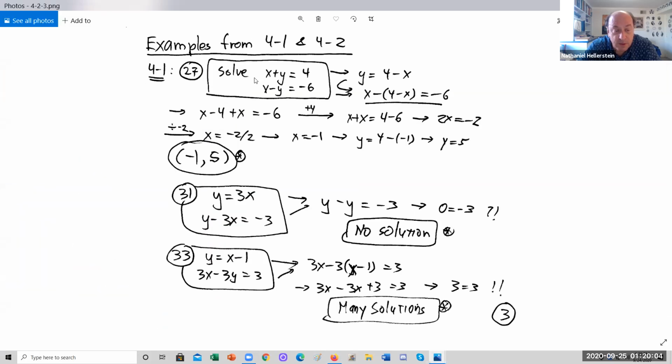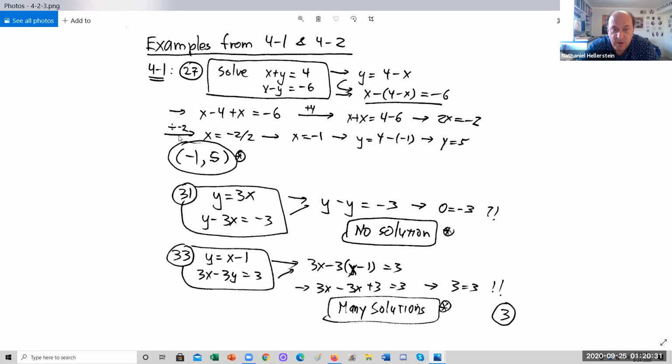So, here are some examples. x plus y equals 4, x minus y is negative 6. So from this one, y equals 4 minus x. Substitute into here, x minus (4 minus x) is negative 6. Distribute the negative sign, x minus 4 plus x is negative 6. Add 4 to both sides, so transpose 4 to the other side, and get x plus x equals 4 minus 6, so 2x is negative 2.